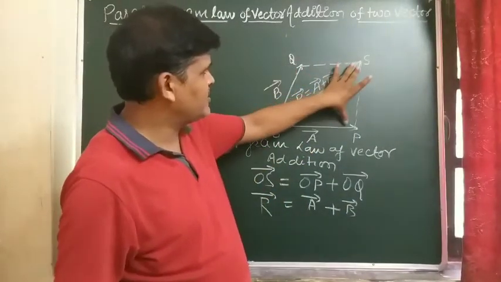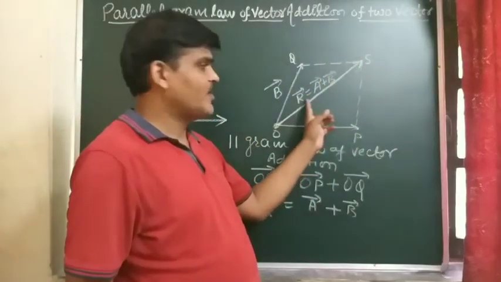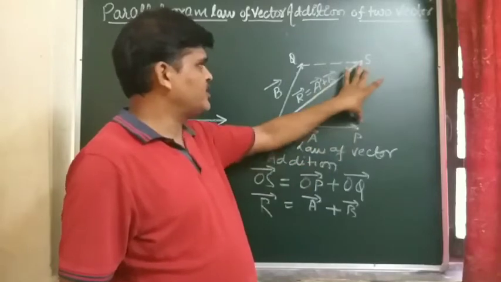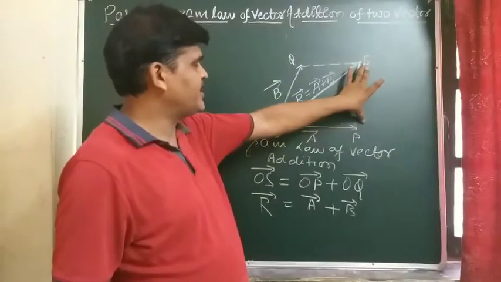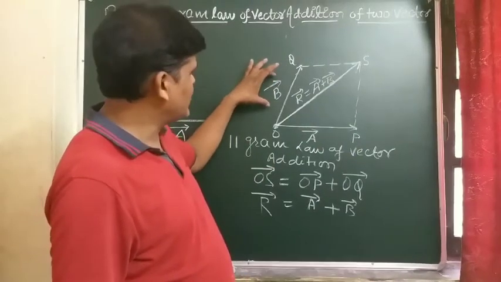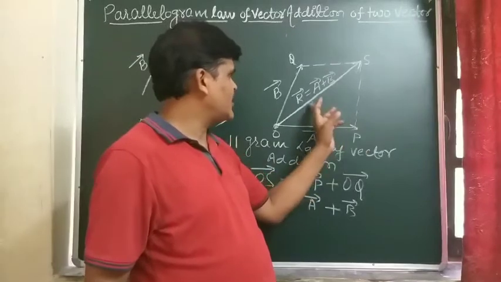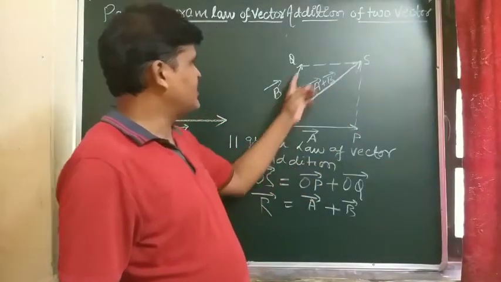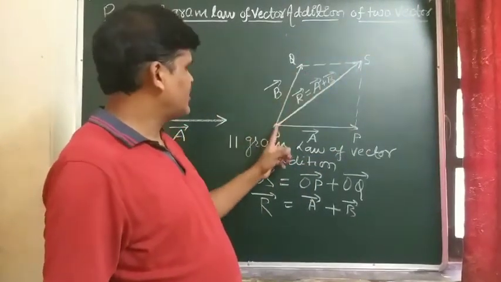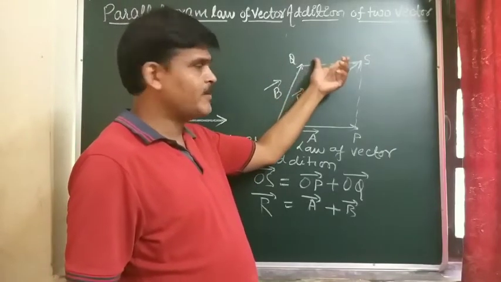Students, if this side is parallel to this side, we can also find the resultant vector R equal to A plus B by using the triangle method: OP plus PS, where PS is equal to OQ, that is vector B. So in the triangle method we can also find R equal to A plus B, or in this process you can also find vector R equal to vector B plus vector A by the triangle method.